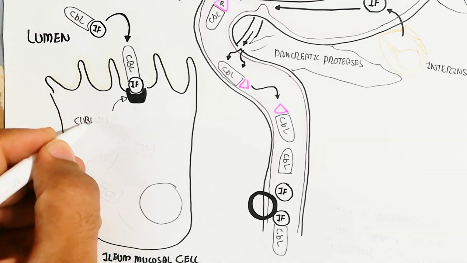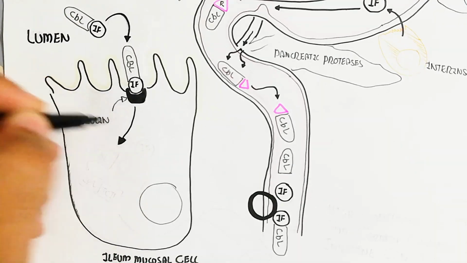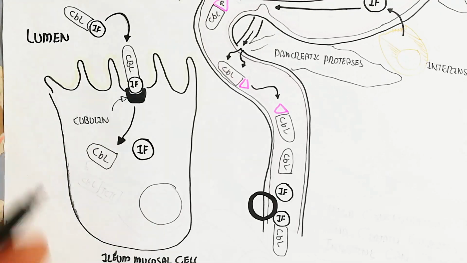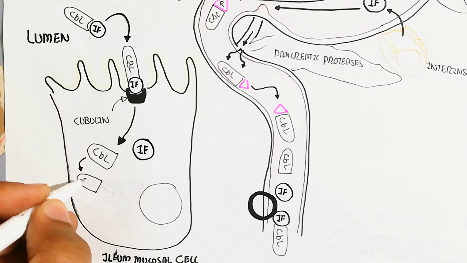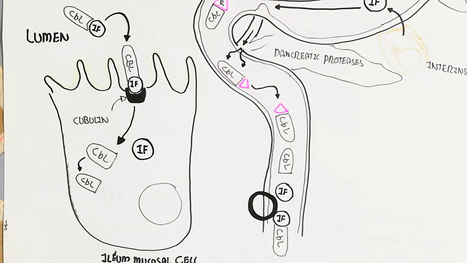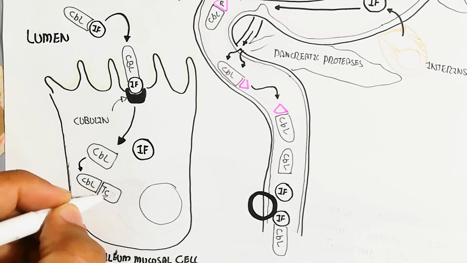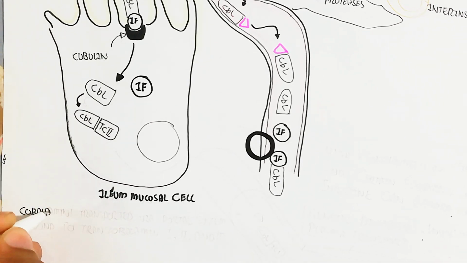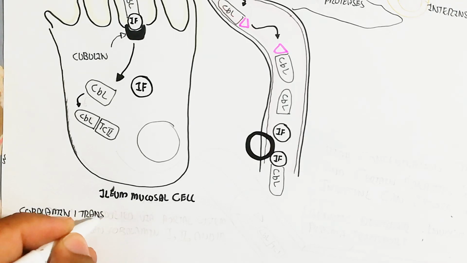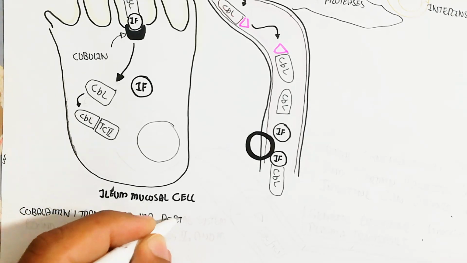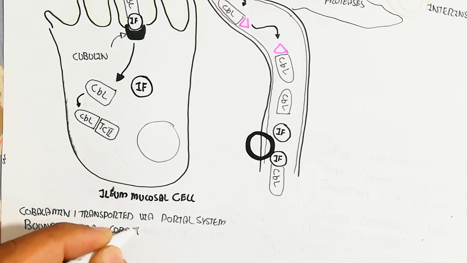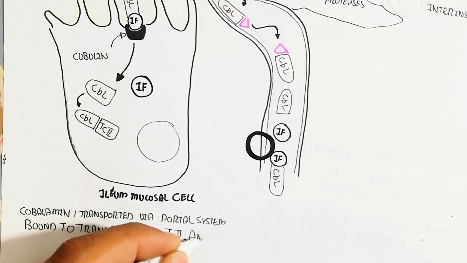The cobalamin binds with the intrinsic factor. The intrinsic factor binds to cubilin by endocytosis. This cobalamin basically will enter and bind with TC2, and the intrinsic factor is released again here, and the cobalamin is transported via the portal system bound to transcobalamin 1, 2 and 3.